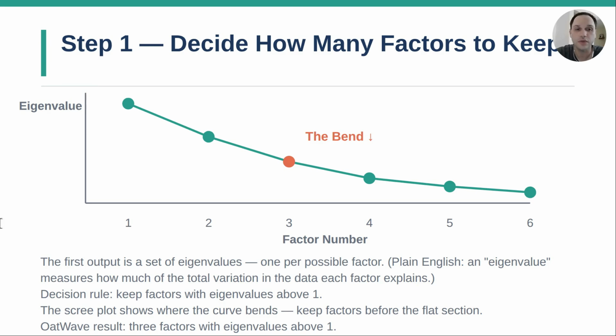The standard decision rule is to keep factors with eigenvalues above 1. The scree plot makes this visual. It shows eigenvalues declining as you add more factors, and there's typically a bend in the curve where they stop declining steeply and flatten out. Keep the factors before that bend. For Oatwave, 3 factors have eigenvalues above 1, and the scree plot bends clearly after factor 3. 3 factors it is.